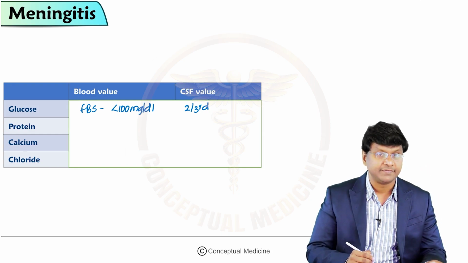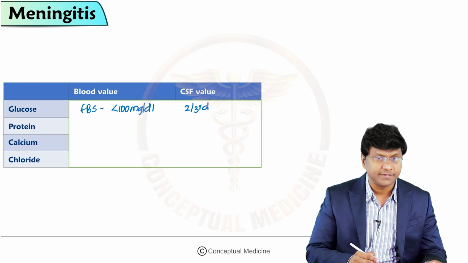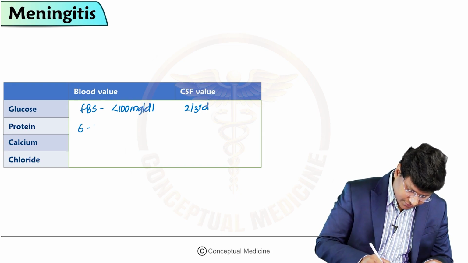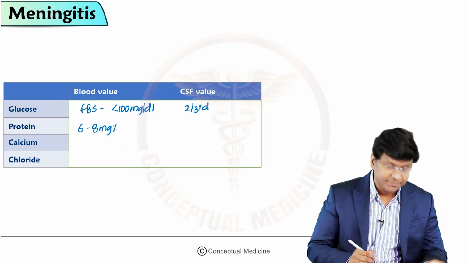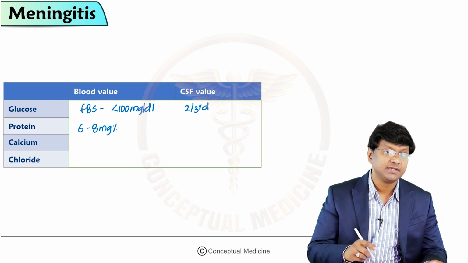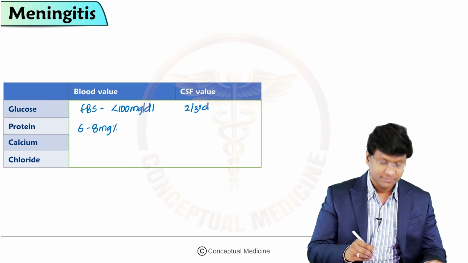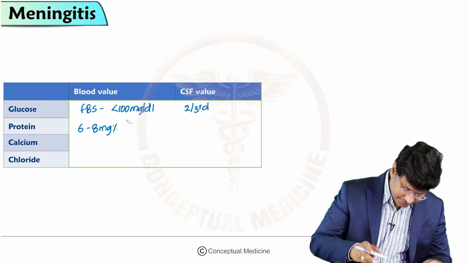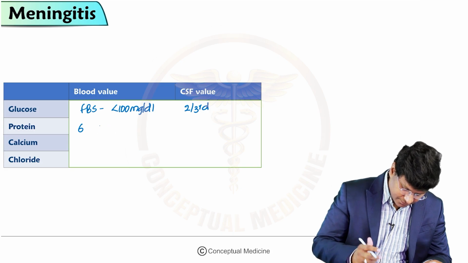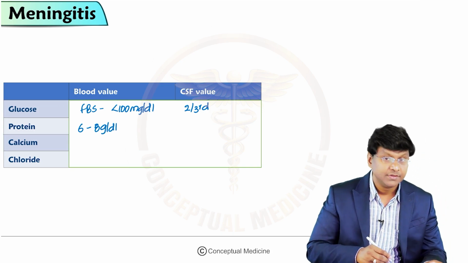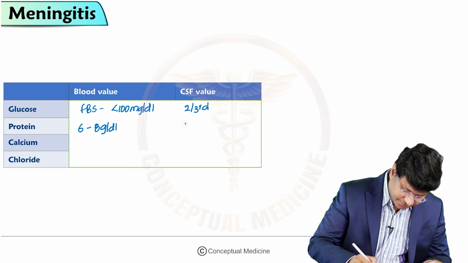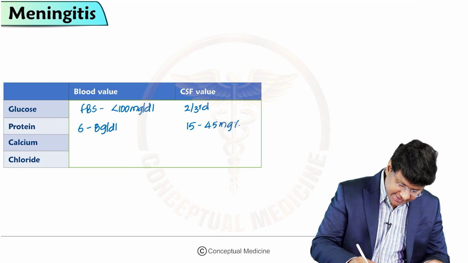The protein value is around 6 to 8 grams per deciliter in the blood, whereas in the CSF it is around 15 to 45 milligrams percentage.